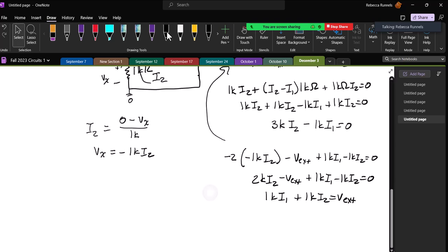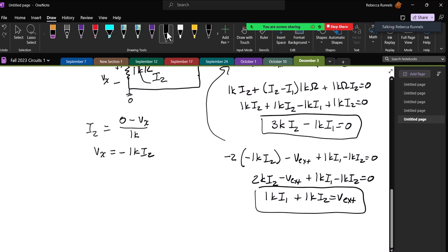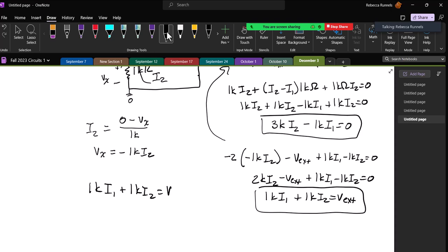So now if I take this equation and this equation, then I will have 1k I1 plus 1k I2 equals V external, and negative 1k I1 plus 3k I2 equals 0, or 4k I2 equals V external.